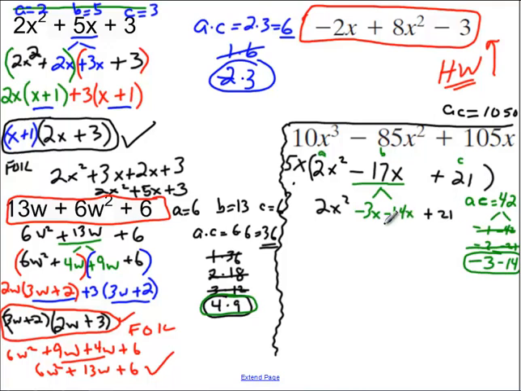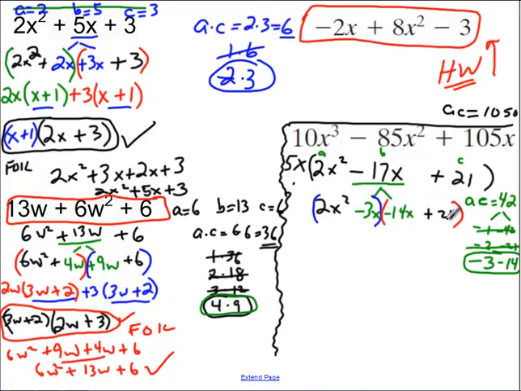Plus 21 stays plus 21, and now we've got a 4-term polynomial that we're going to factor by grouping. So I've got 2x squared minus 3x as a group. The other group of two terms is minus 14x plus 21.